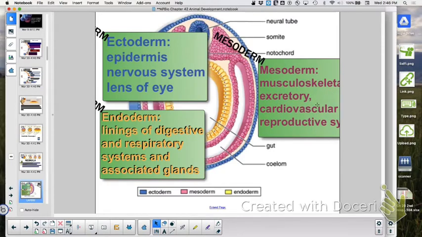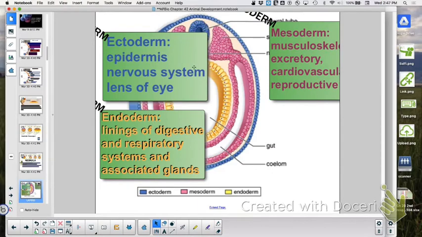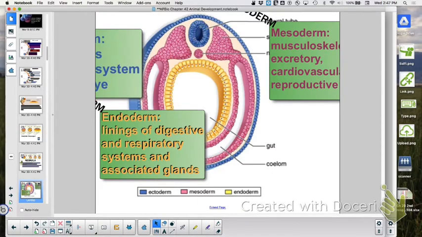Now, I bring up the lens of the eye, okay, because of this. If you look in this picture, this blue right here represents your spinal cord. Now, when you have those three layers and you start to form organogenesis, you're starting to form your organs, okay?